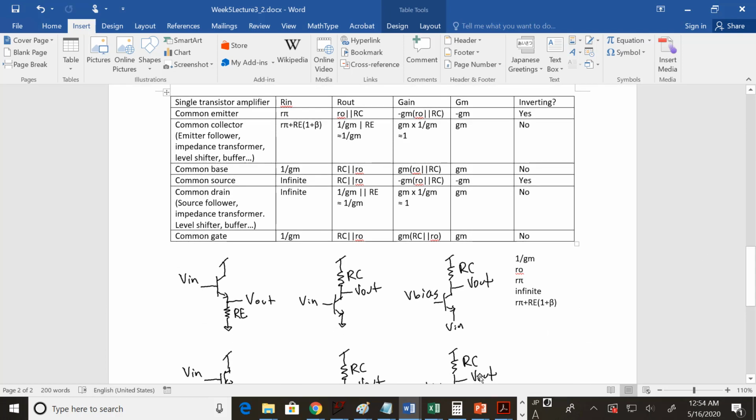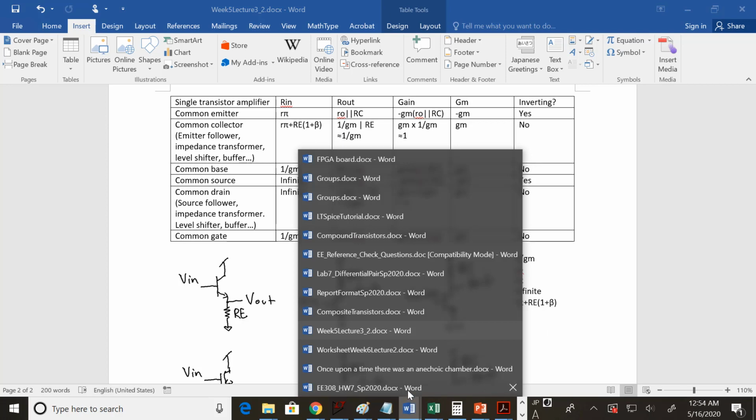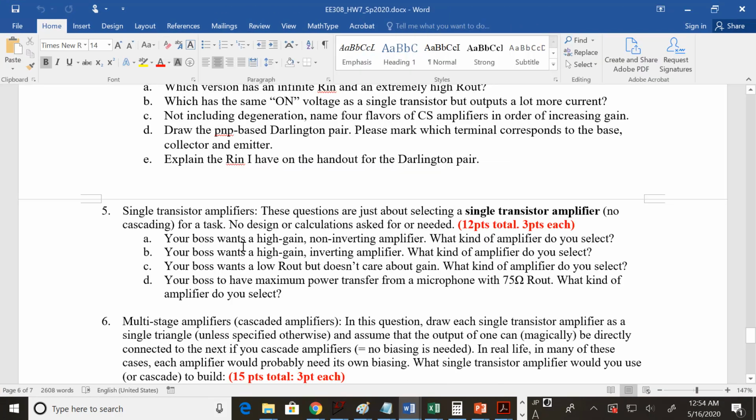Okay, so the first question on the homework was for a single transistor amplifier. So one of the ones in this table, or one with a slightly different flavor, like common emitter with degeneration.